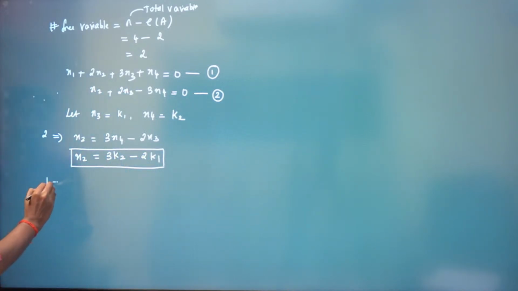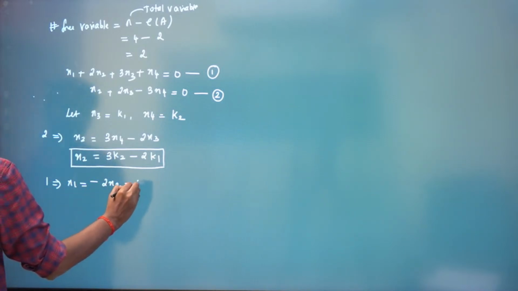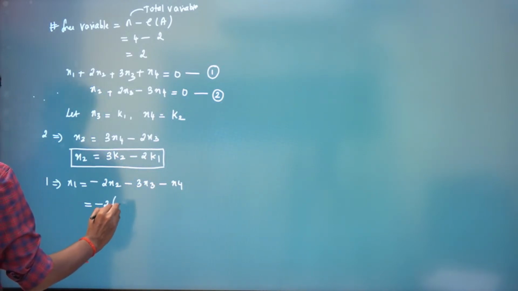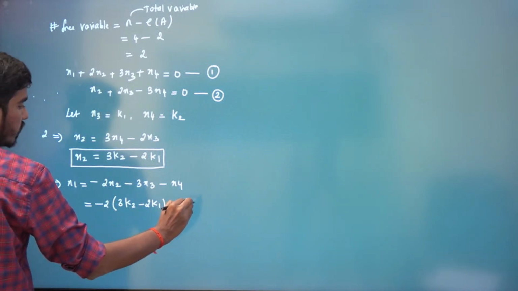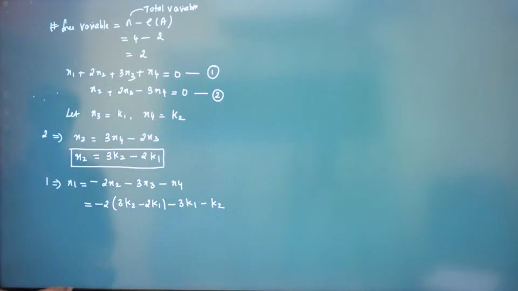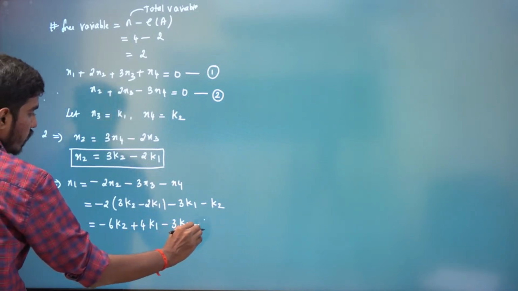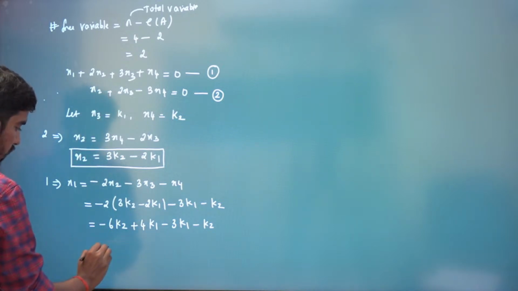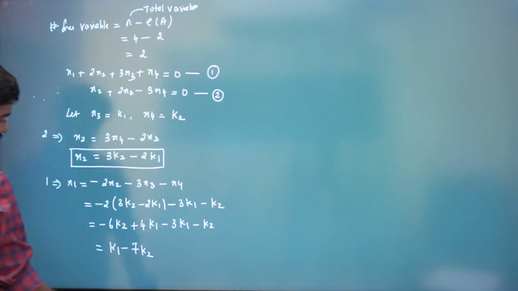From 1, what is x1? x1 is minus 2x2 minus 3x3 minus x4. Minus 2 times x2 is minus 2 times 3k2 minus 2k1, minus 3 times k1 minus k2. So this will be minus 6k2 plus 4k1 minus 3k1 minus k2. So if I collect k1, 4k1 minus 3k1 is k1, minus 6 minus 1 is minus 7k2.